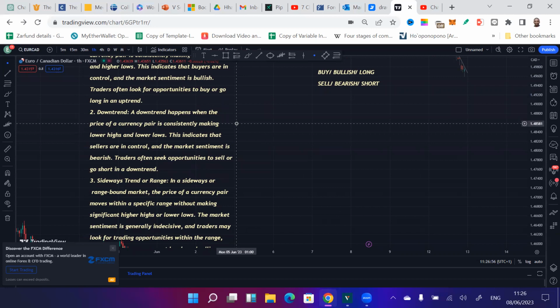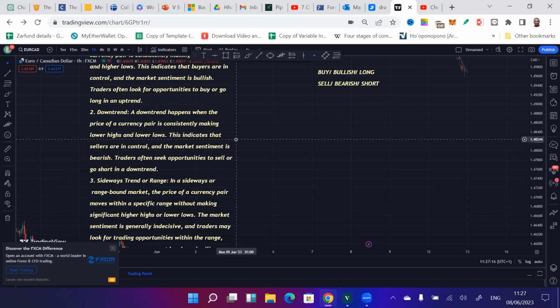First of all, in an uptrend, we talked about higher highs and higher lows. Now in a downtrend, we're talking about lower highs and lower lows.